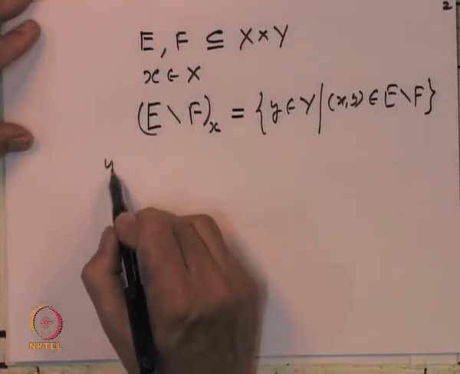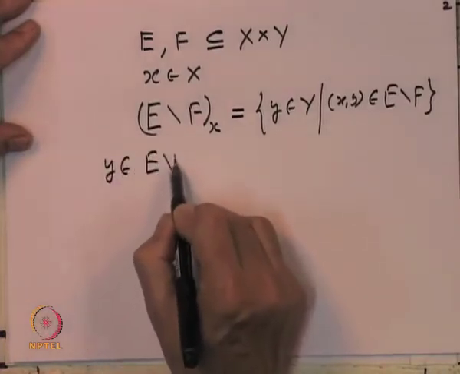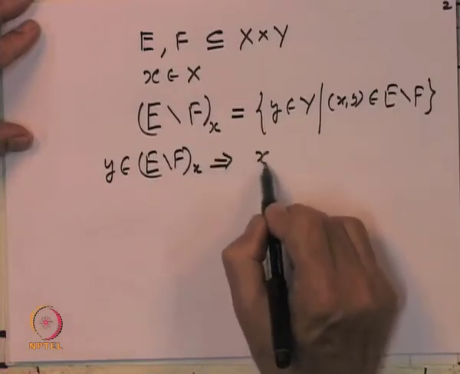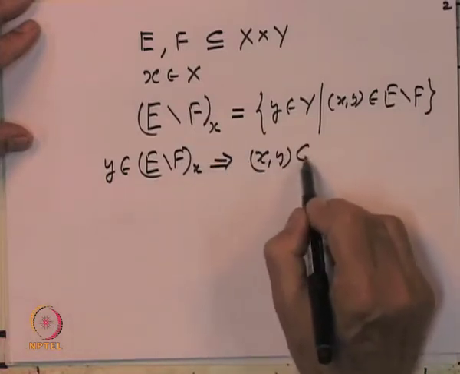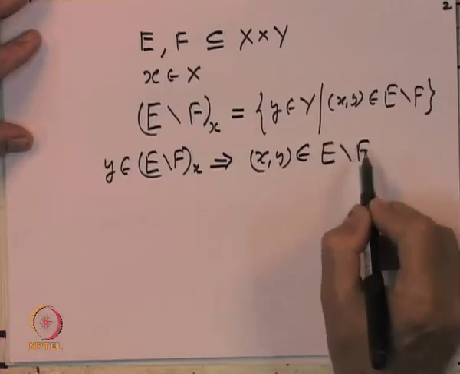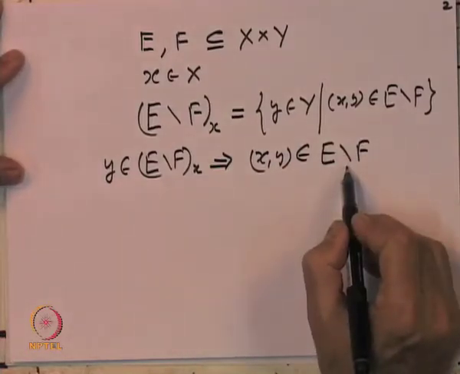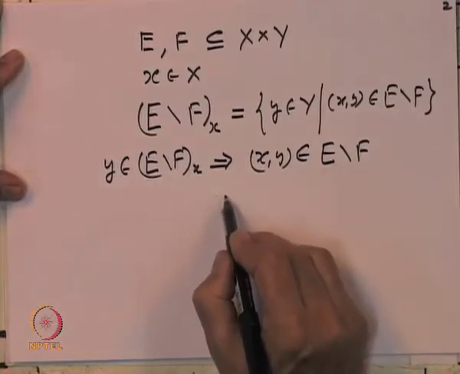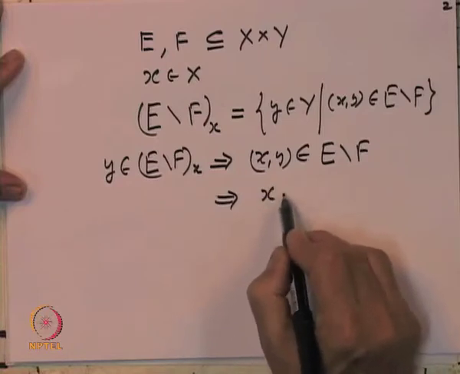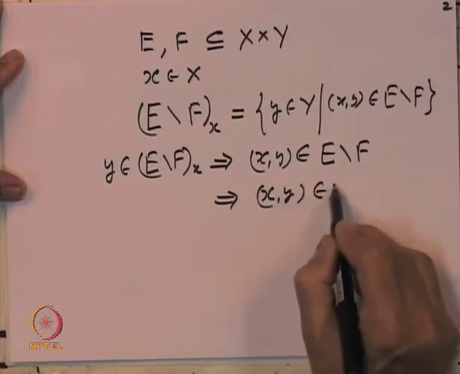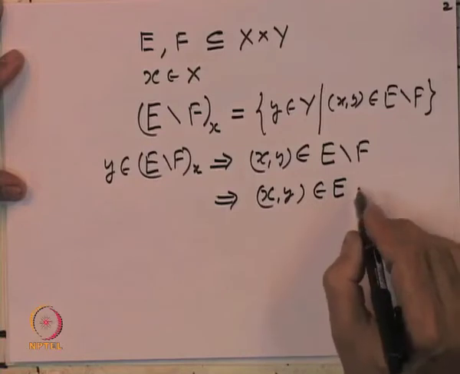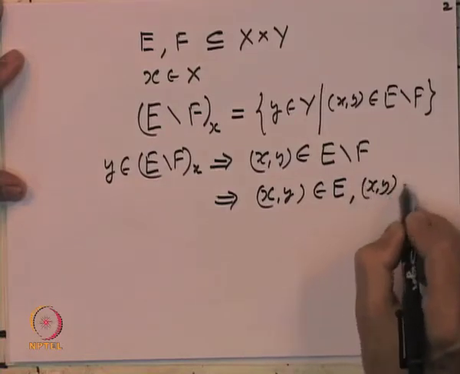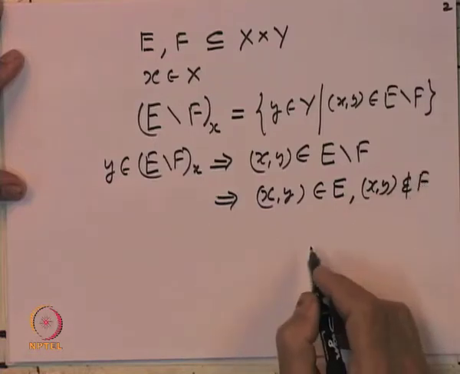That means (x, y) belongs to E, but (x, y) does not belong to F.